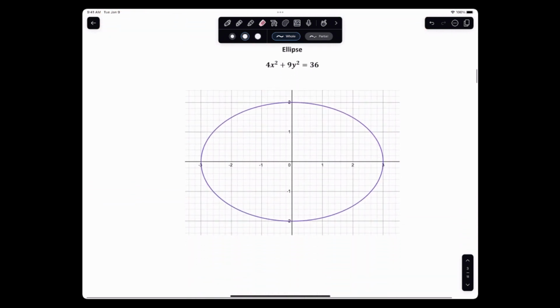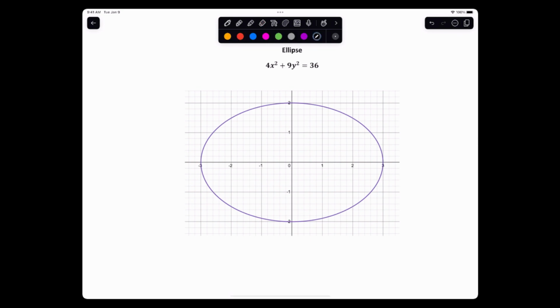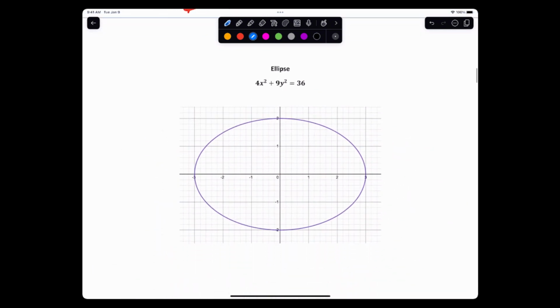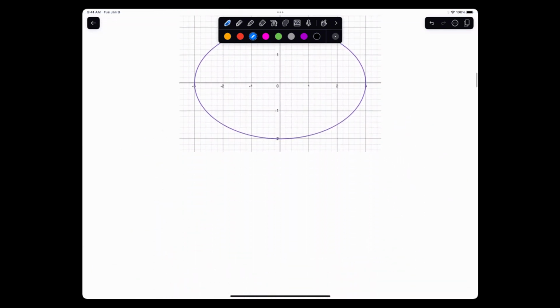Let's do something like this now. This is another relation. We have to get the derivative. So what's the process again for this derivative? This is an ellipse. You guys know that? This is an equation of an ellipse. 4x squared plus 9y squared is 36.